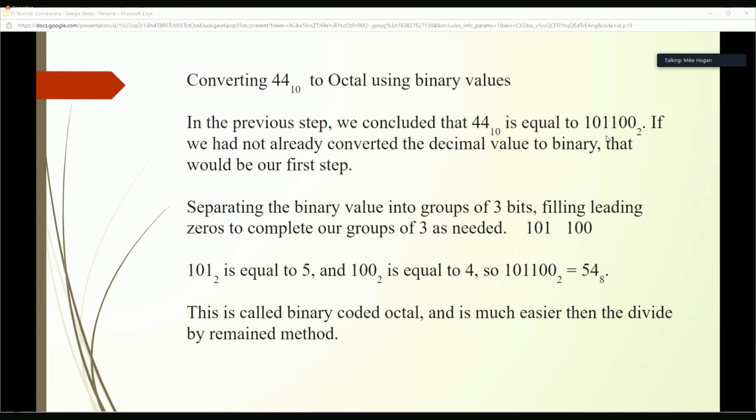The easiest way to do this is to look at the fact that it takes 3 bits to represent 7. 7 is the largest number I can have in one octal digit.